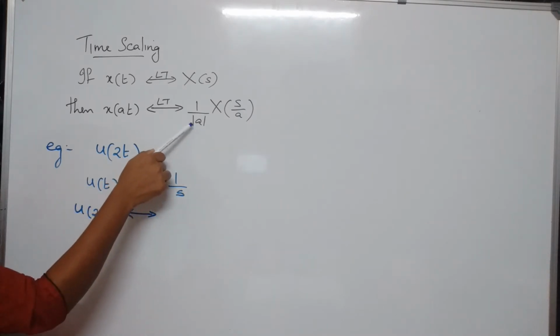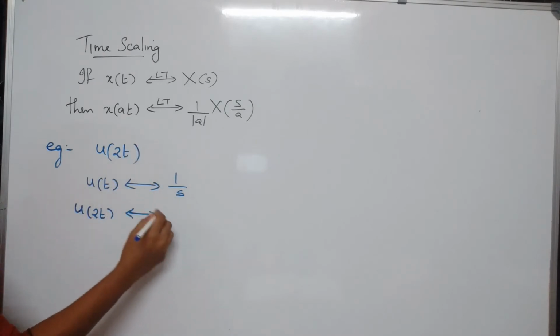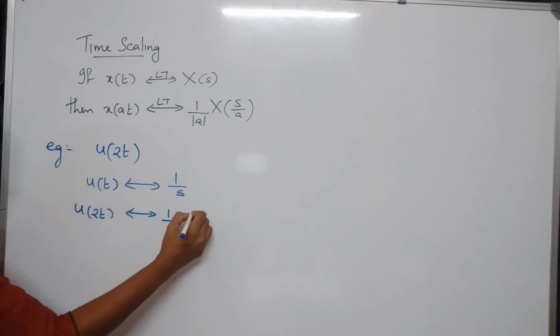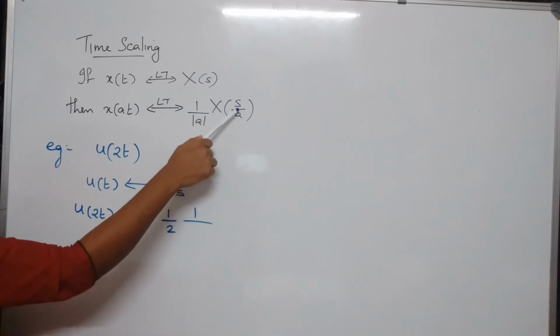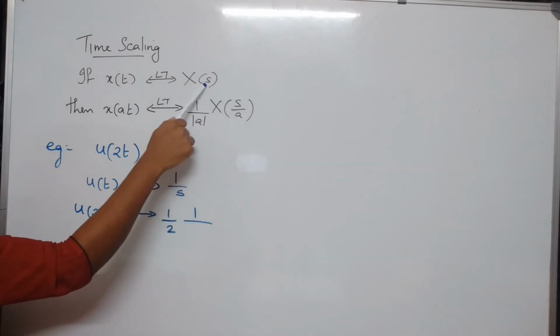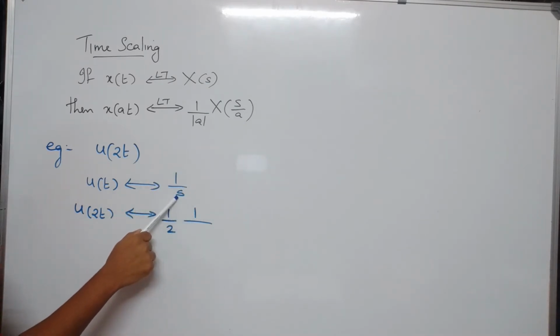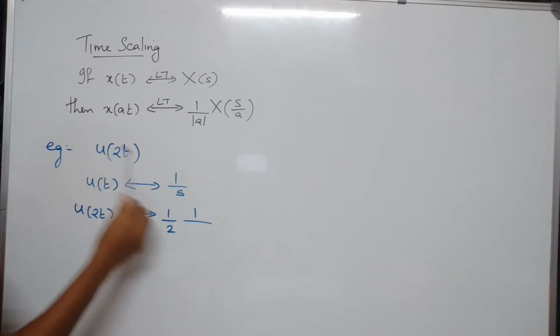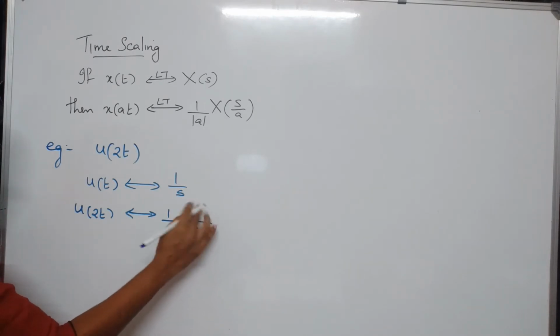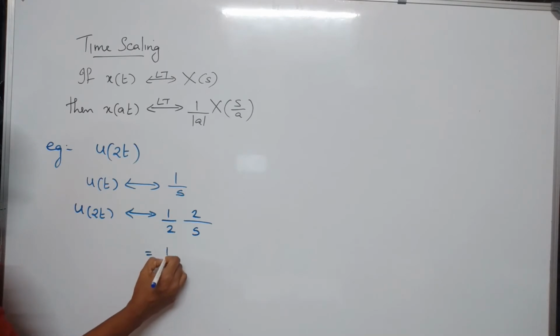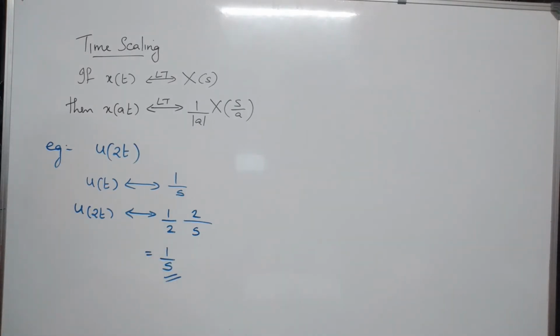A here is 2. So 1 by 2 X of s by a. In place of s we have to write s by a, so in place of s we write s by 2. S by 2, so the 2 will go up and this will be 1 by s itself.